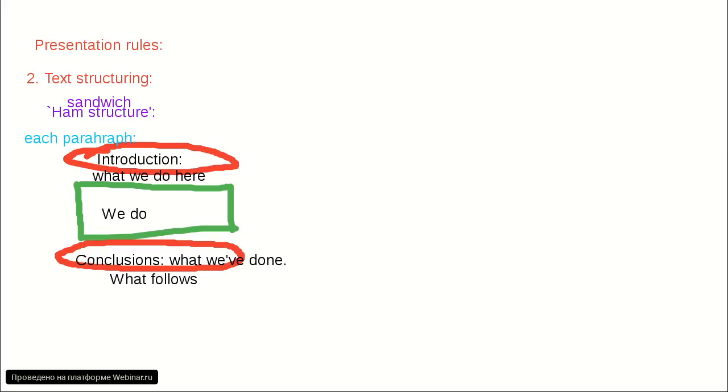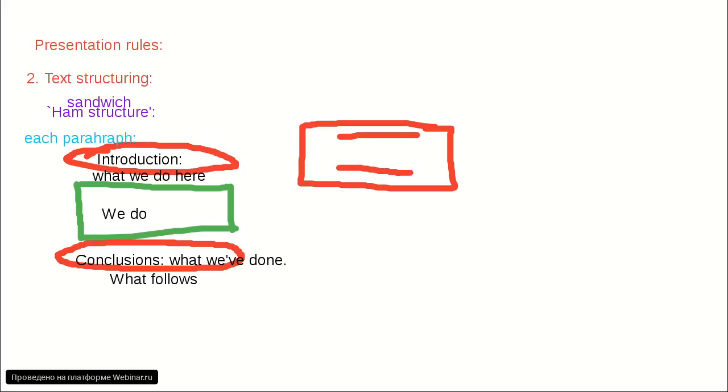It means that this structure, if you take a big part of a solution, a bigger part, if you have many sentences, if you have a really big text, then you have a big introduction, which is another ham itself, in another sandwich itself, sorry.